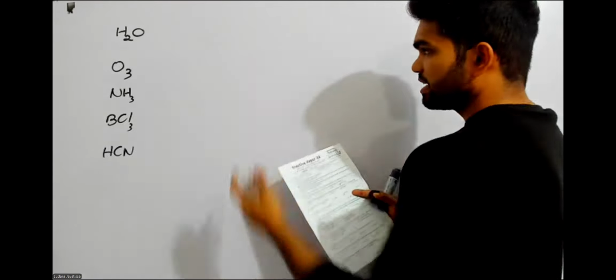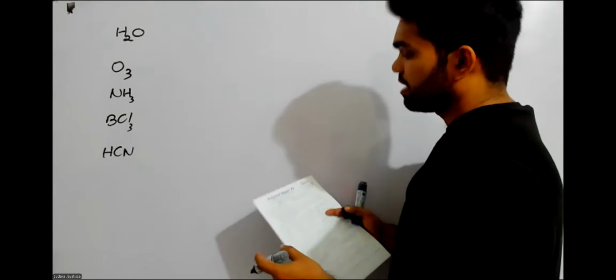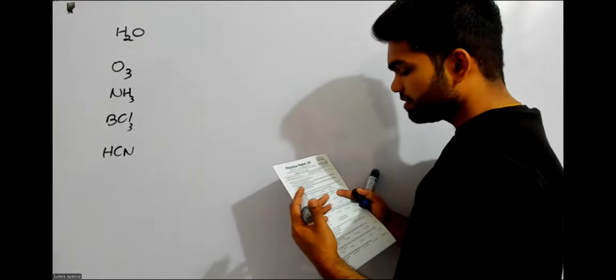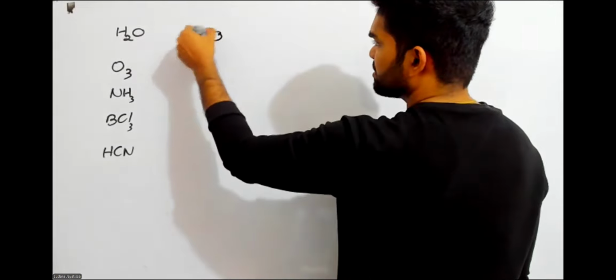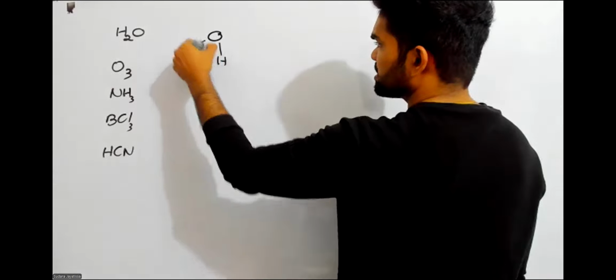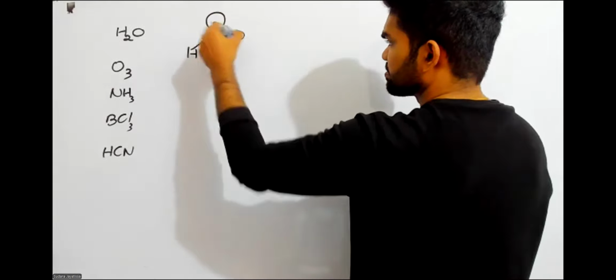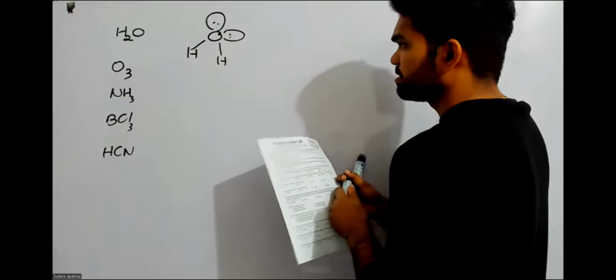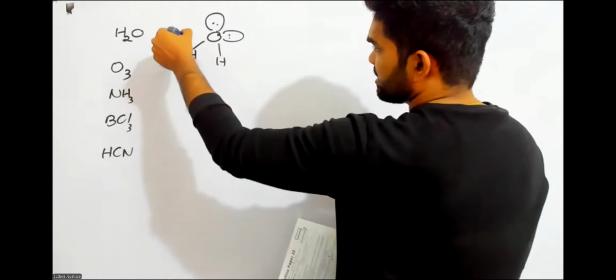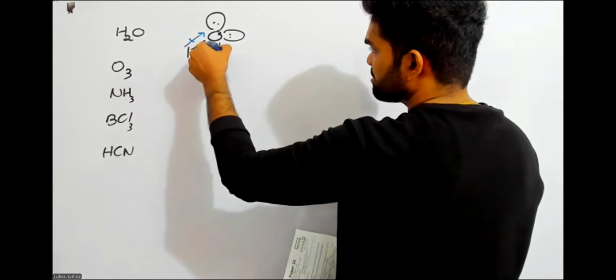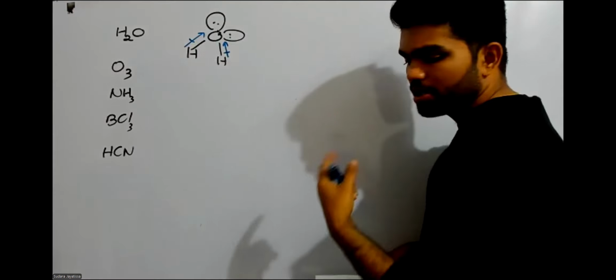Look at this again. They're asking for the non-polar molecule with polar bonds. For example, let's start with water. This is the Lewis structure of water, and there are 2 OH bonds, and we are marking something like this. Remember, this is called dipole moment.